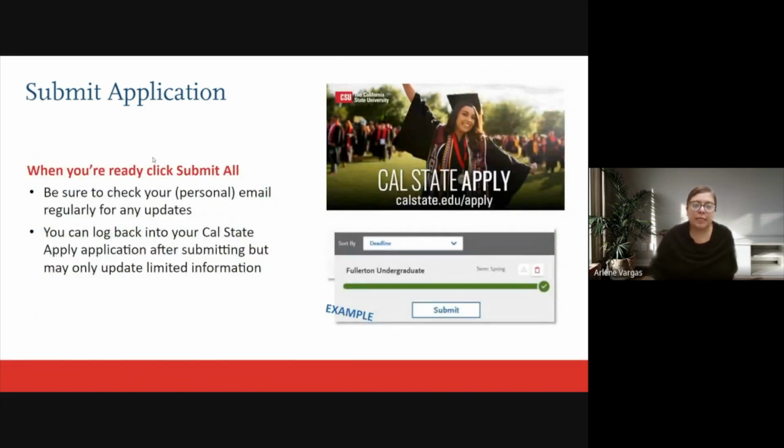And then when you're ready to click submit, be sure to check your personal email regularly. So once you've submitted, for example, here the student is ready, they're going to go ahead and hit submit. Make sure that you're checking your email consistently for updates on your application, okay?